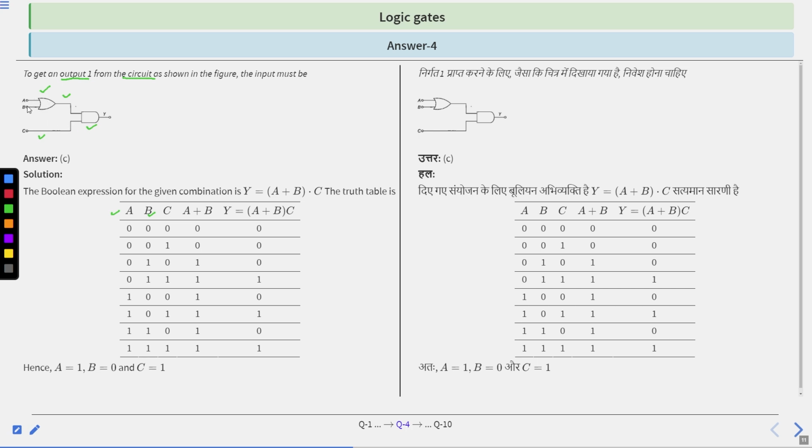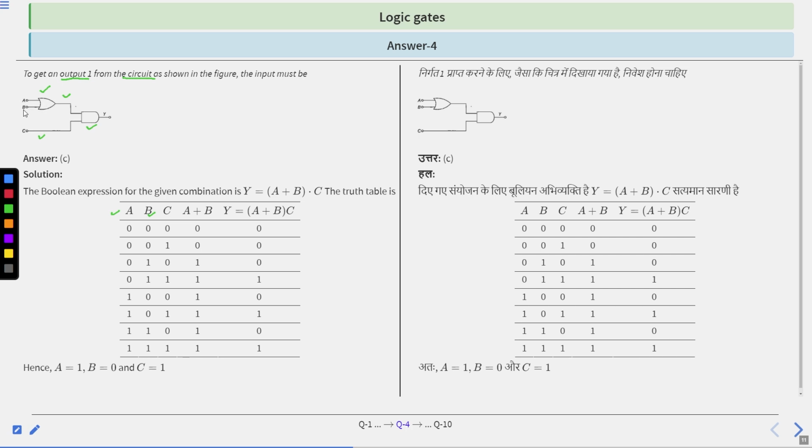In the OR gate, the inputs are A and B, and for the AND gate, the inputs are the output of this OR gate and C. Clear? Firstly, we have to calculate the output of this OR gate.